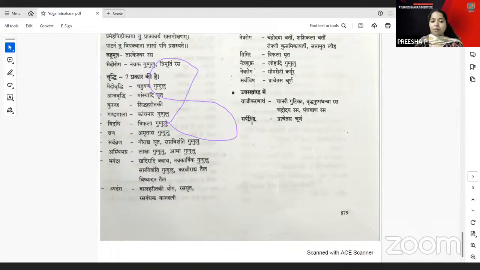First, we will do some questions. According to Sushruta's Kalpasthana, no, that we will not do. We'll do the Yoga Ratnakara questions. In which Dhatukshaya is the word Asahishnuta found?